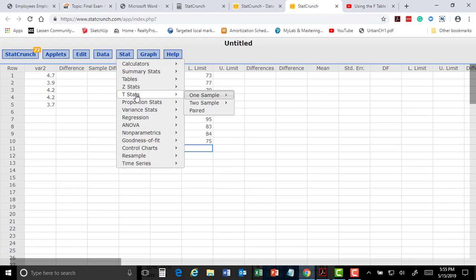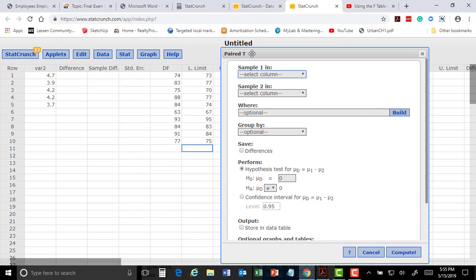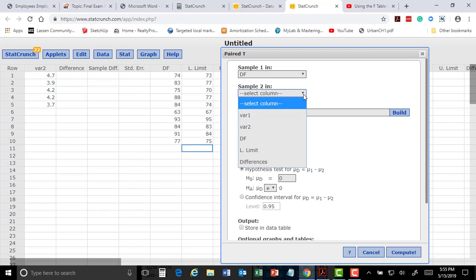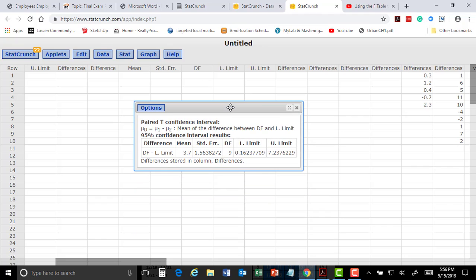So let's go to stats. We were talking about paired. Okay, this is going to be DF, and this is going to be the limits. Differences? Okay. All right. Is that the same numbers?